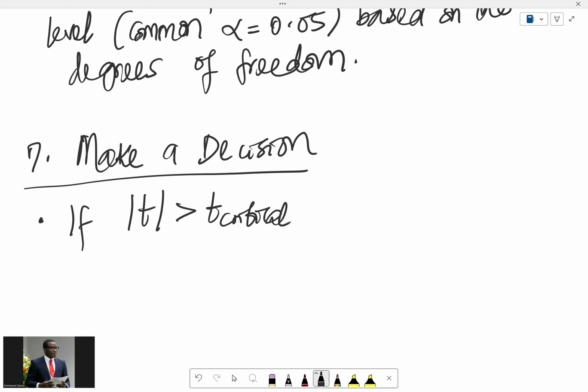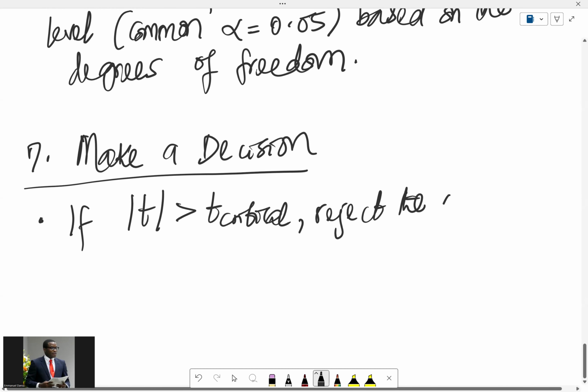Anything you calculate should be less than the critical value you get from the table for you to accept the null hypothesis. But if it is greater, like in this case, what you do is you reject the null hypothesis.